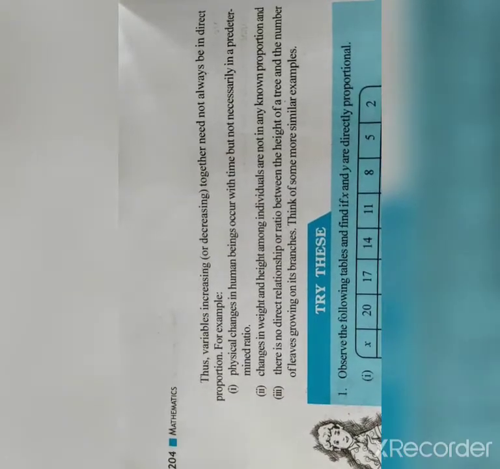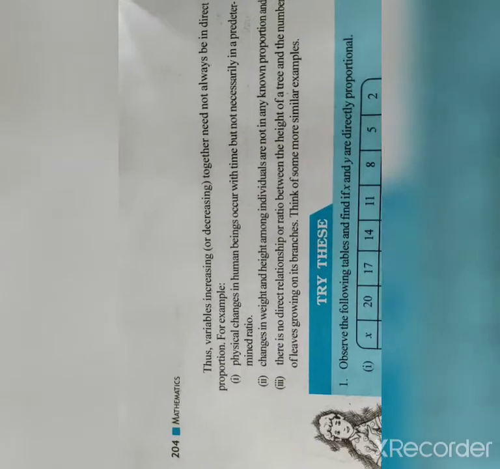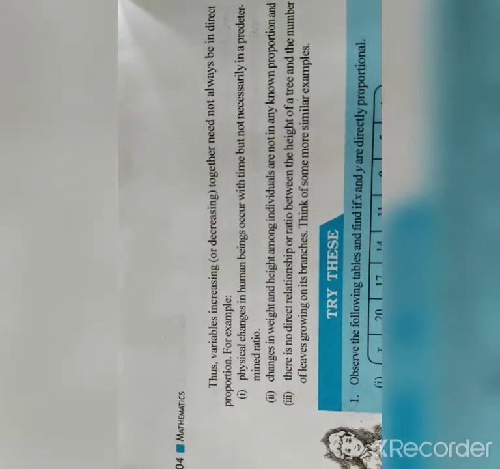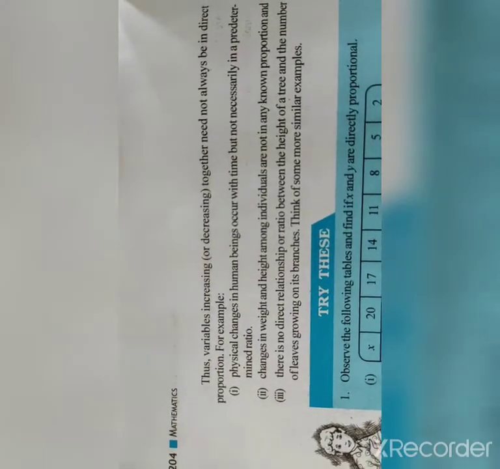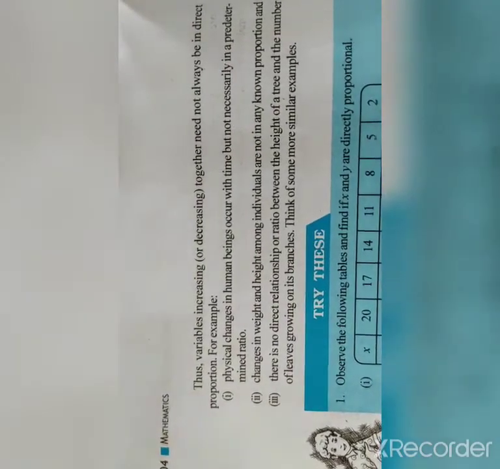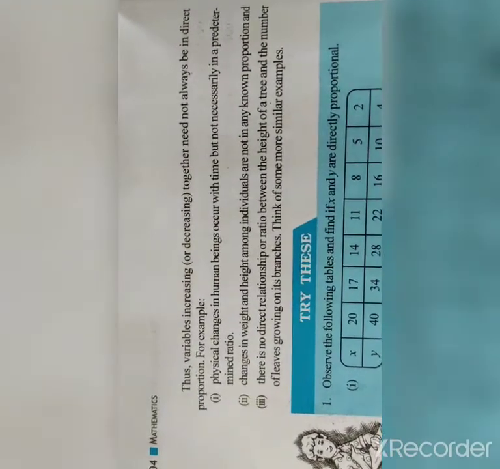Changes in weight and height among individuals are not in any known proportion. If weight is increasing, it is not necessary that height will increase. There is no direct relationship or ratio between the height of a tree and the number of leaves growing on its branches. Think of some more similar examples.